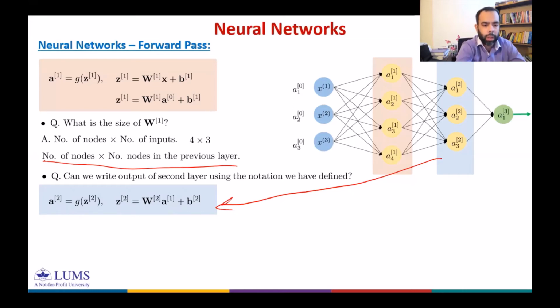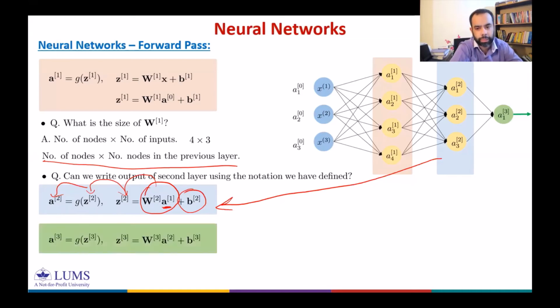So A1 as input, weighted combination plus bias, you obtain the pre-activation output, and you pass it through the activation function to obtain the final output of the second layer. Similarly, we can have this for the third layer.